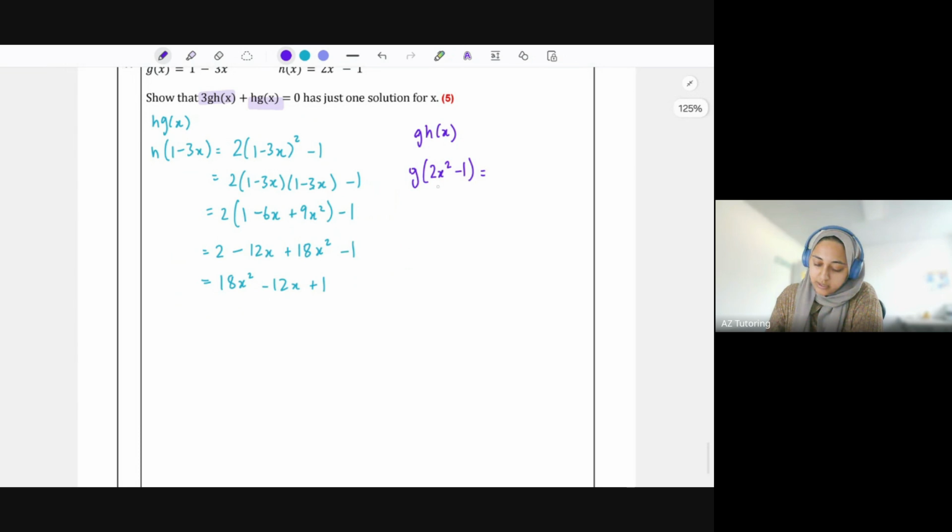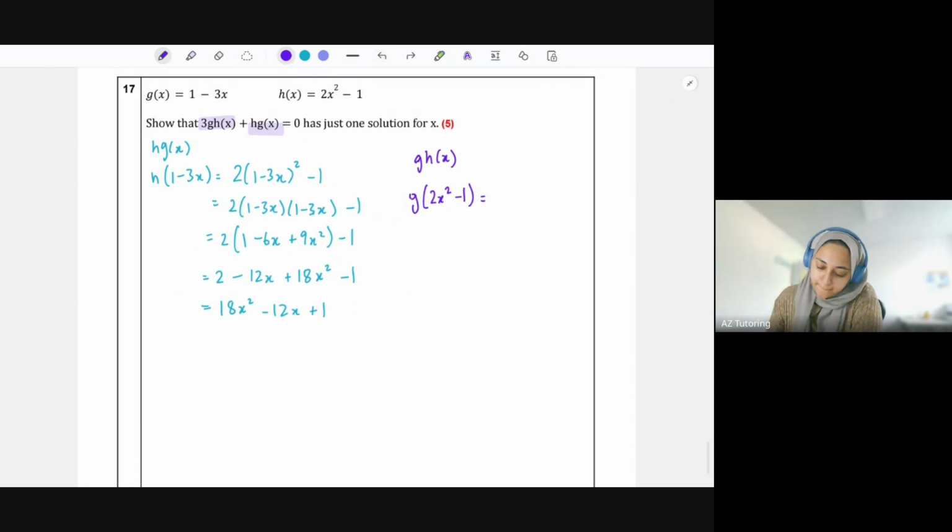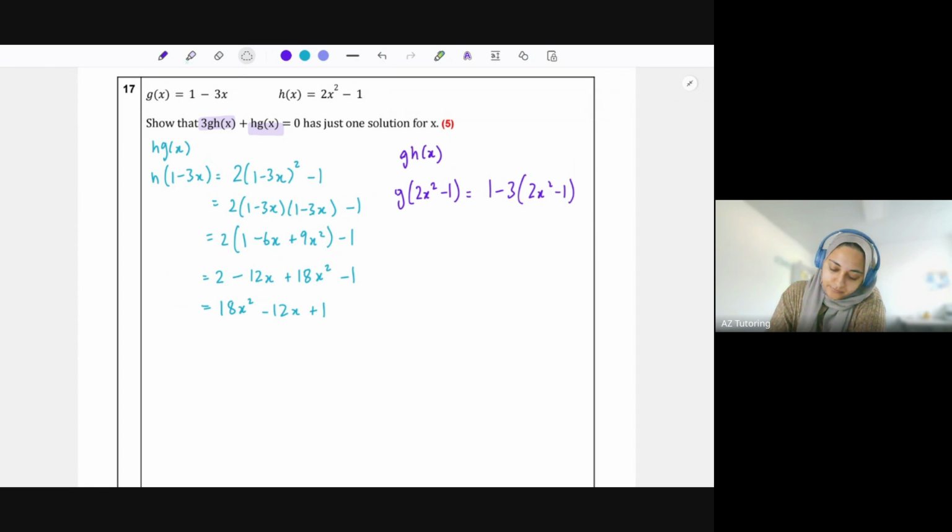Okay, so I'm plugging this in to g of x, which is 1 minus 3 times x, which we've said is 2x squared minus 1. Okay, let's simplify that. We get 1 minus 3 times 2x squared is minus 6x squared. Minus 3 times minus 1 is plus 3.